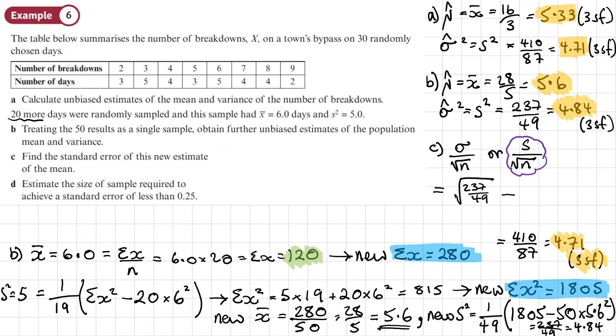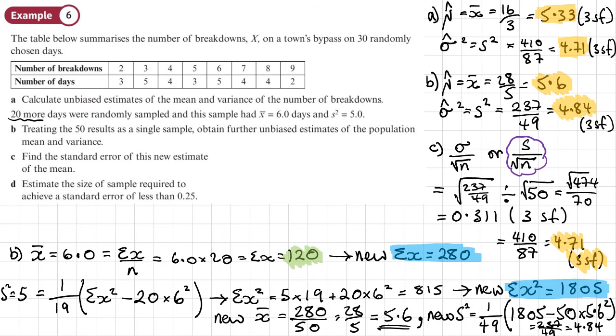Now n is 50, so we divide by the square root of 50. Now that gives us an exact value of square root of 474 over 70. Now if we press the SD button, I'll get 0.311, and that's to three significant figures.